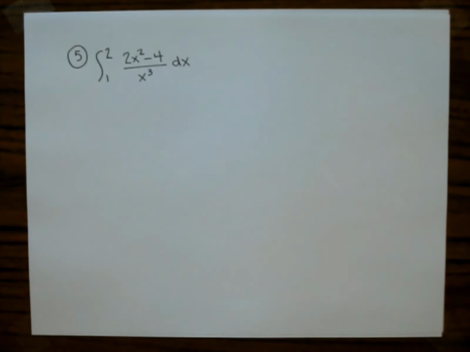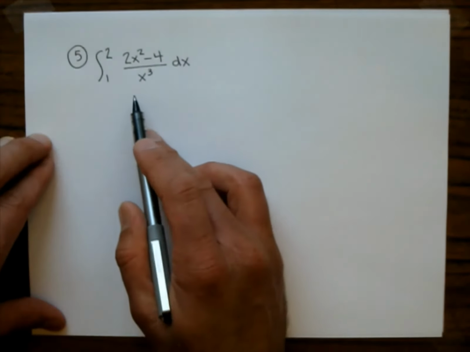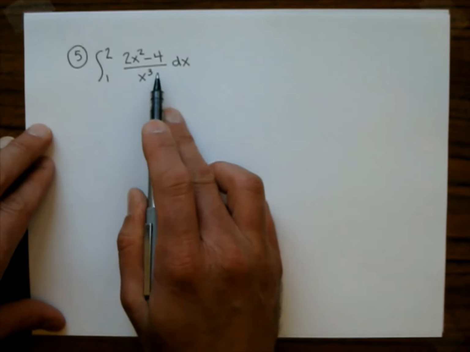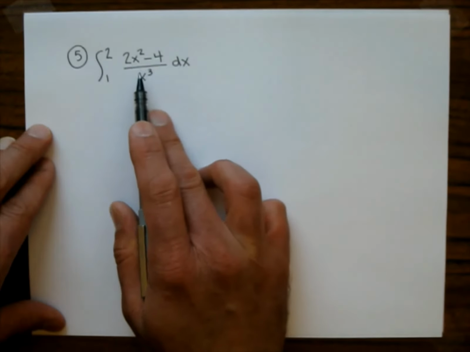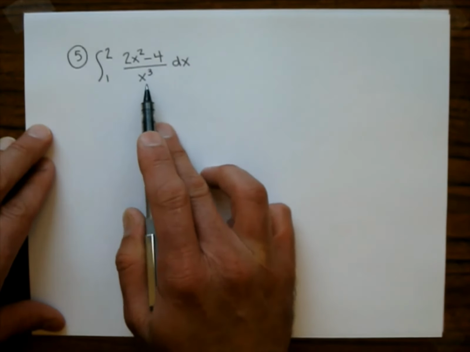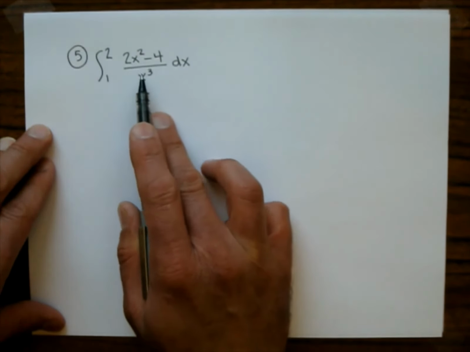So let's go ahead and do problem number 5. Maybe you can do problem number 5 on your own. Maybe you can't. I don't know. You pause the video if you're going to. I'm going to go ahead and evaluate this definite integral of this function. Now, this looks pretty bad. So what I want to do with this is split the fraction.